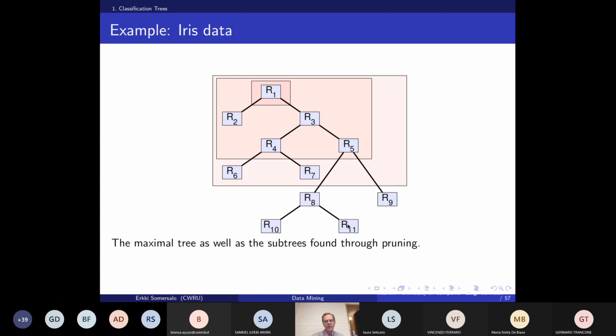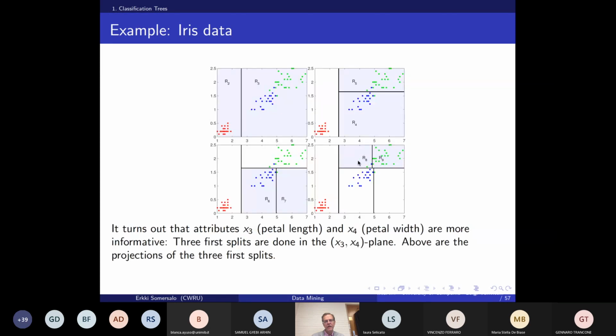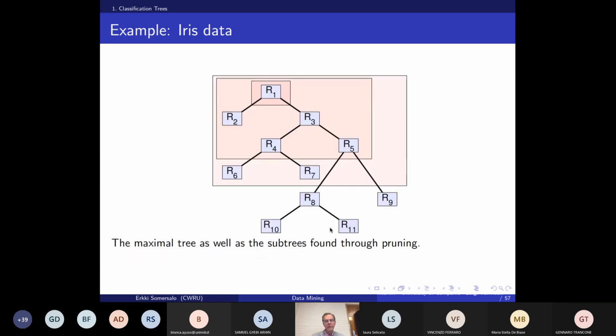So you see that the R6 leaf here is almost a useless leaf, and it adds a lot of complexity. And so therefore it's very natural that R5 is the one where you cut.